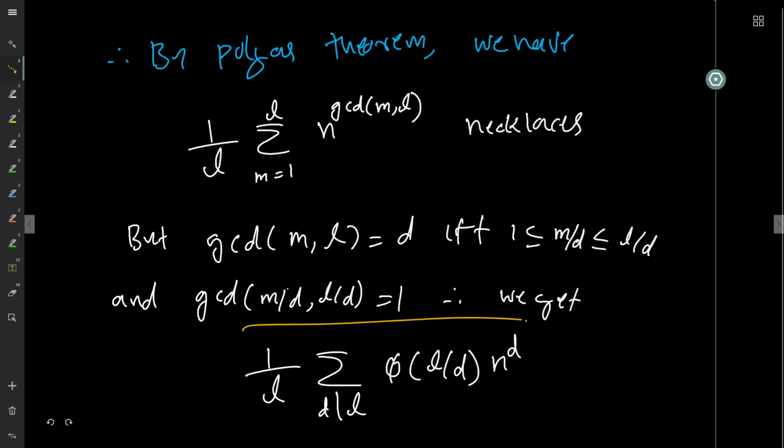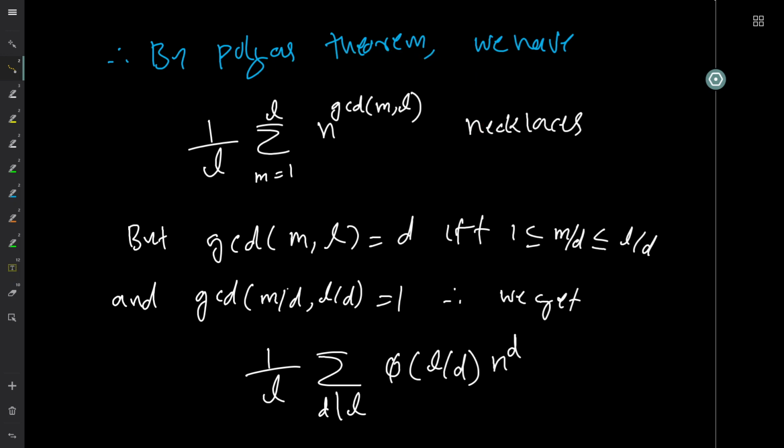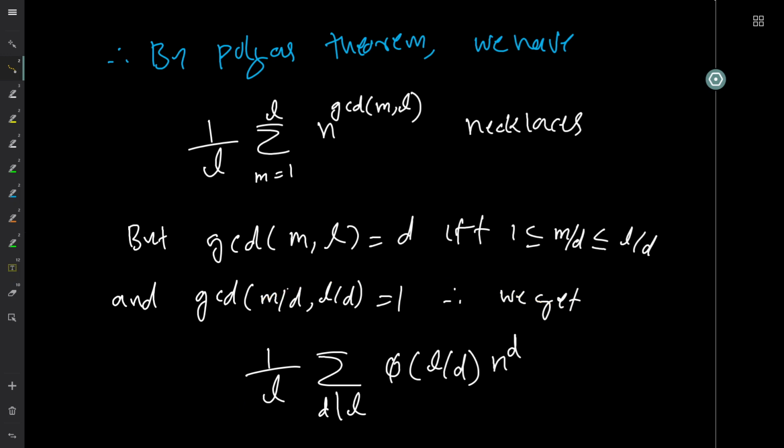So using this, we can write the same summation as a sum over all the divisors of L: 1 by L, summation over D dividing L. Now, n raised to D, how many times does it appear?